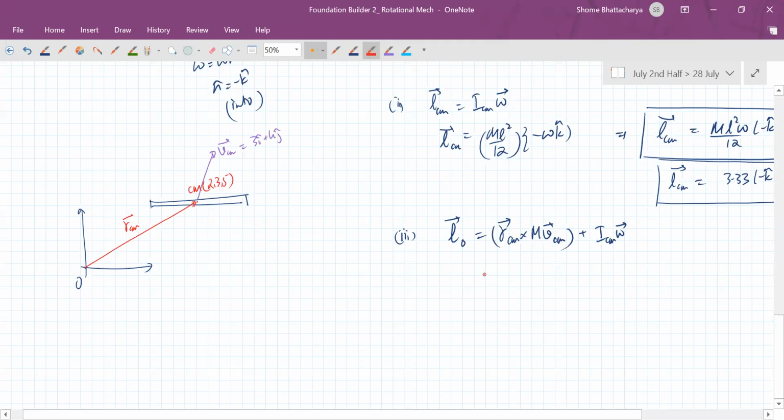So this quantity here becomes 2 i cap plus 3 j cap plus 5 k cap, cross product with 5 kg multiplied by 3 i cap plus 4 j cap. That is this term. And I CM omega we had already seen earlier. It is 10 by 3 minus k cap. So now this cross product we can work out.